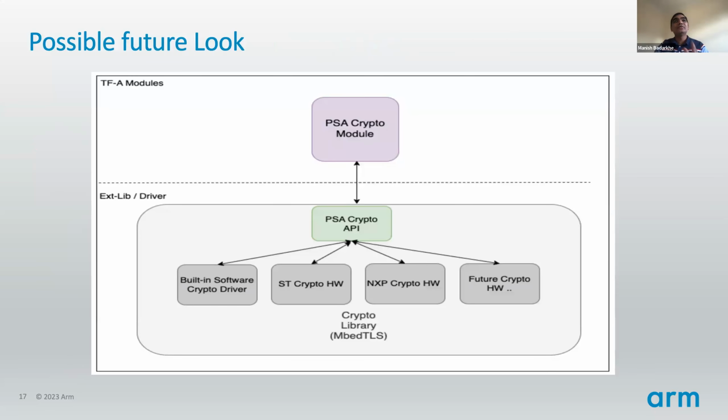So I'm thinking the future look of the driver will be like this: there will be no different registration at the TF-A side. The different crypto drivers we are using, like ST, NXP, and other future hardware crypto drivers, all go into the PSA Crypto API layer, and they can register their own driver. They can have multiple drivers also, so that they can achieve this.